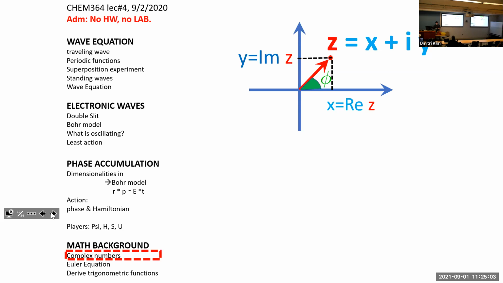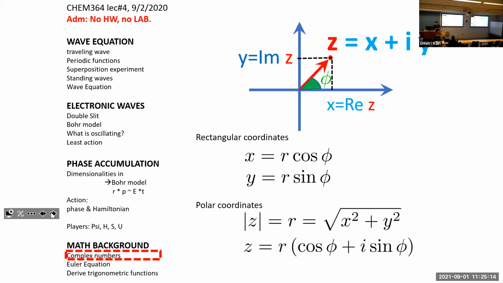So we briefly chatted about it last Wednesday in the lab, right? So real and imaginary, phase angle and distance. And there are ways to convert, like x and y projections as distance times cosine, distance times sine, and one can find distance by the Pythagorean theorem, and this complex number is distance times cosine plus i sine.